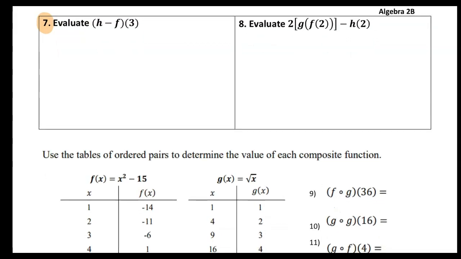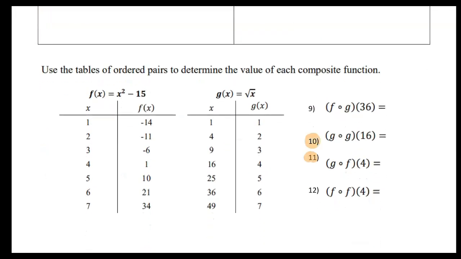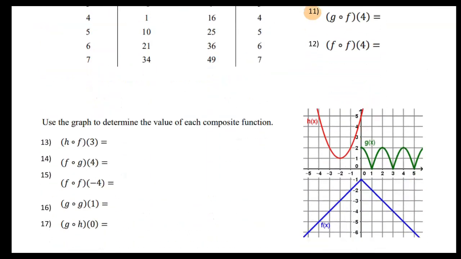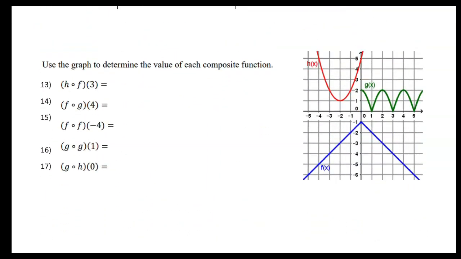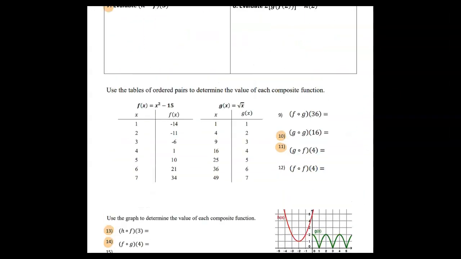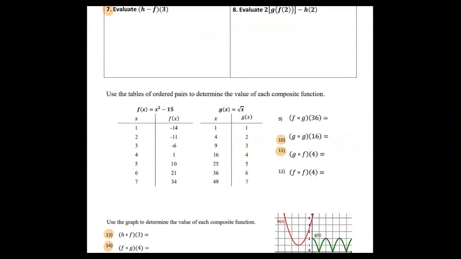I want you to try question 10, question 11, and questions 13 and 14. So I'm going to zoom out so you can see all of them. Try to do each one of those. I'm going to give you about 3 minutes. See if you can get all of those done.